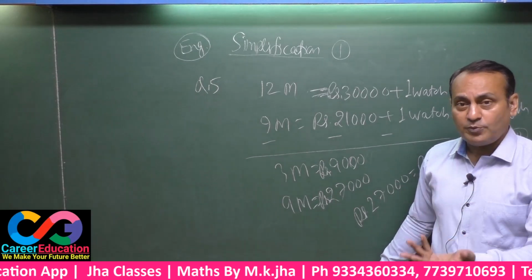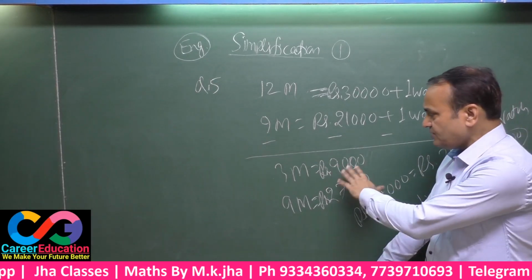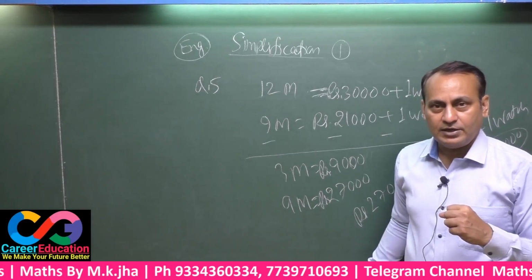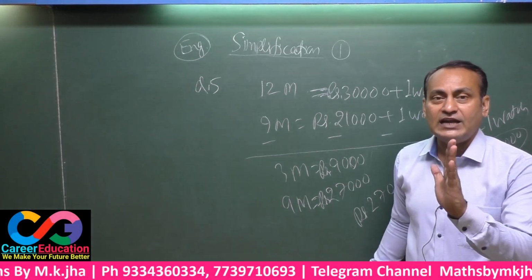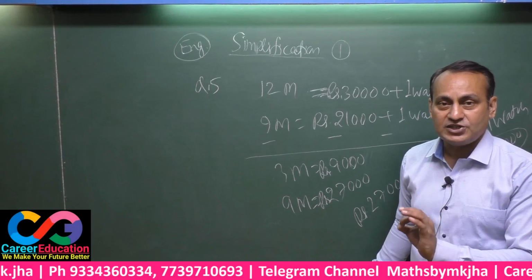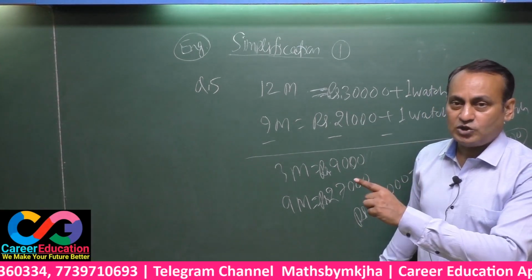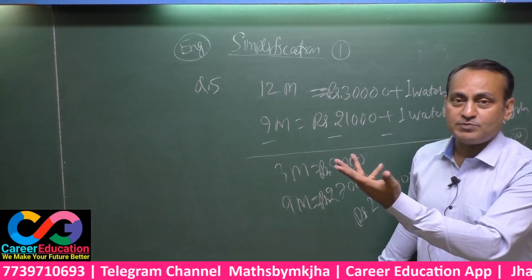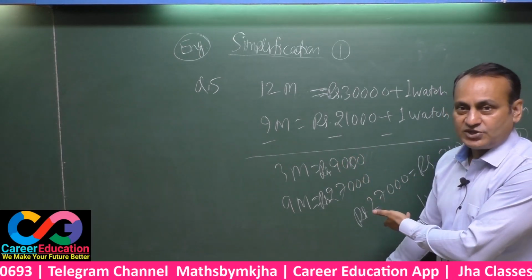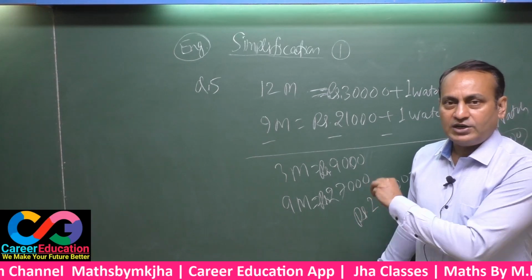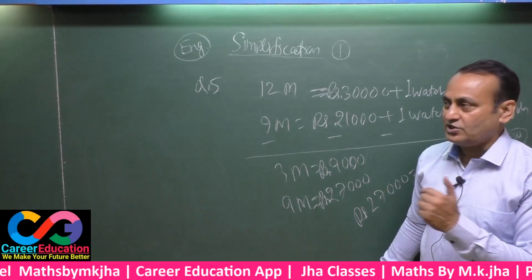But for payment of 9 months it is rupees 27,000. But in place of that he is paid rupees 21,000 plus 1 watch. That means that watch must be equal to rupees 6,000. The difference of rupees 27,000 and 21,000, that is rupees 6,000. That is your final answer.